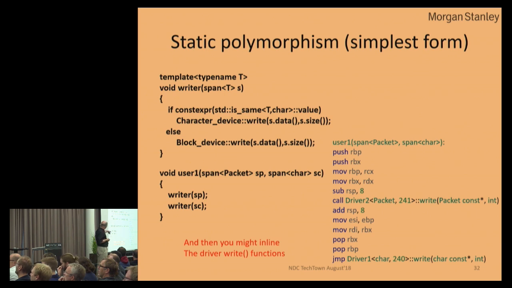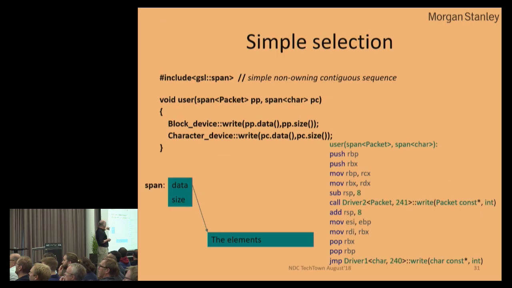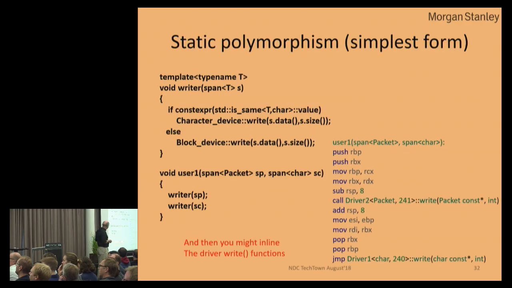And you can see the code down there is exactly the same as if I'd handwritten the calls to the specific driver. So there you have polymorphism without indirections, and it's basically optimal.